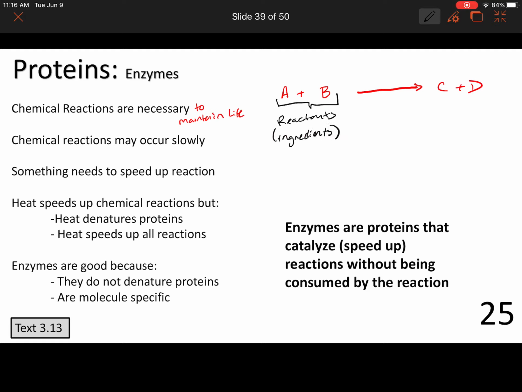So you can think of reactants as the ingredients of the reaction. They're what you need for the reaction to progress. I think of chemical reactions as almost like cooking, where you're combining your ingredients to make a new product.